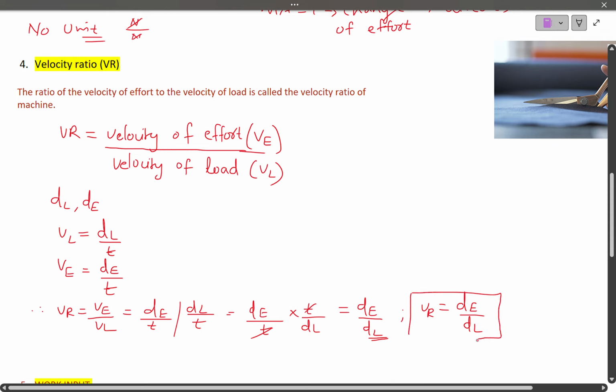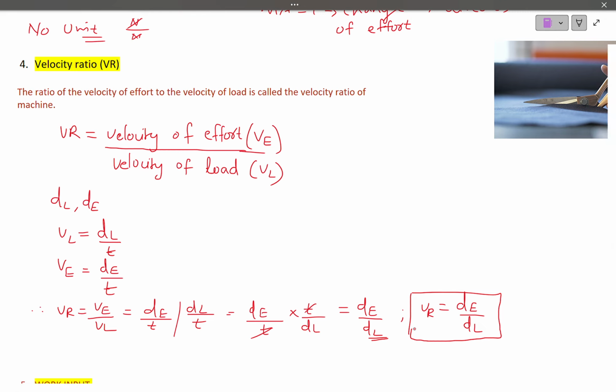So what can we conclude from this equation? VR equals dE by dL. Thus, the velocity ratio is defined as the ratio of displacement of effort to displacement of load.